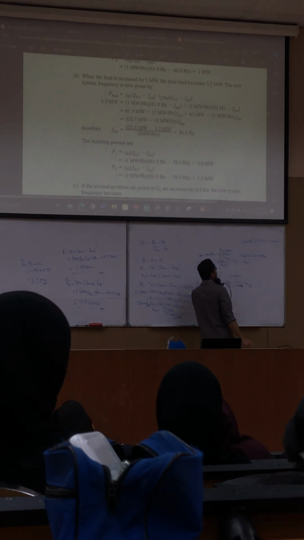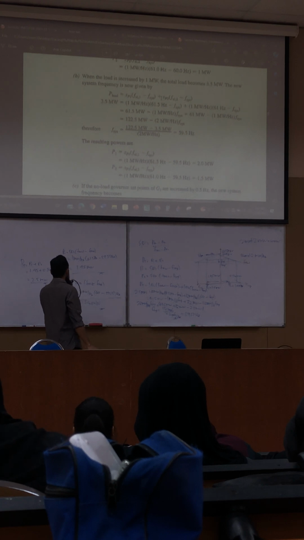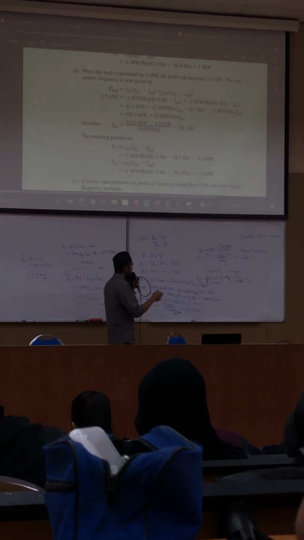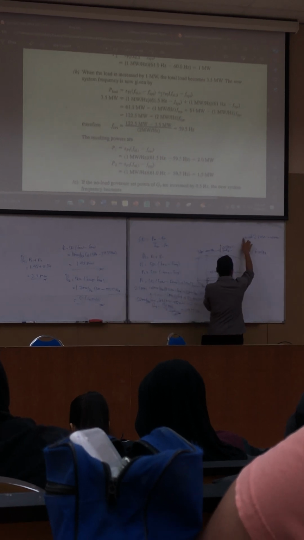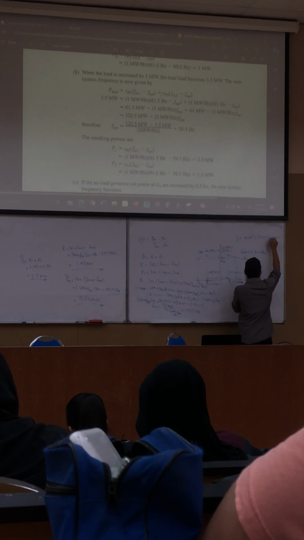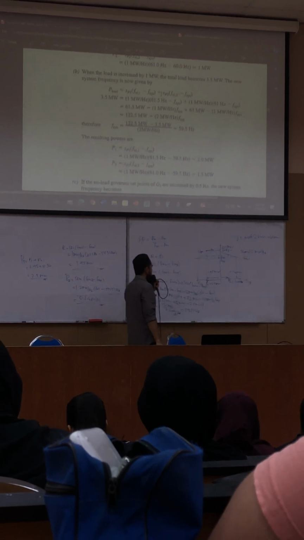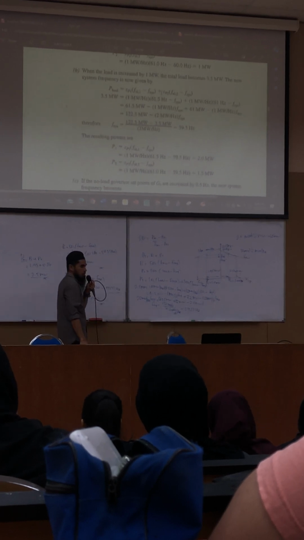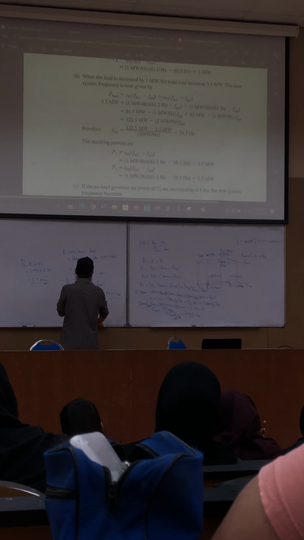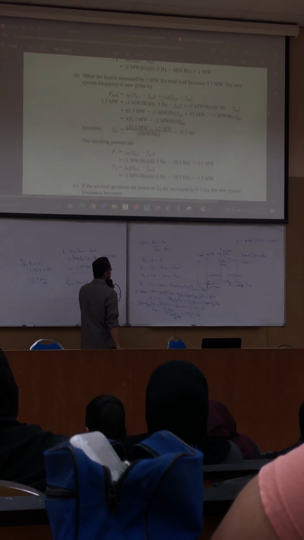Earlier it was 2.5, now 2.5 plus 2 megawatt becomes 4.5. So with 4.5 megawatt, how much is your frequency, and then how much is your fraction?